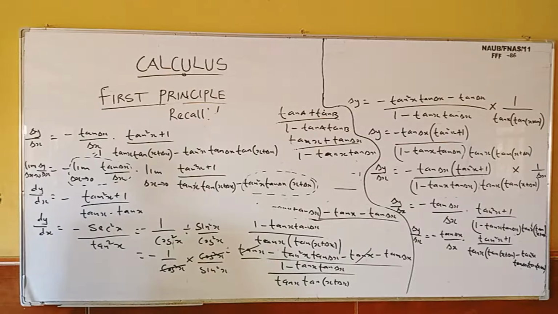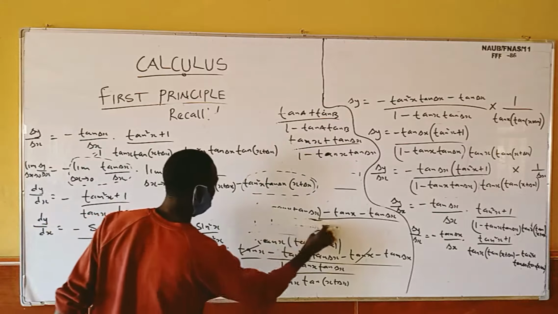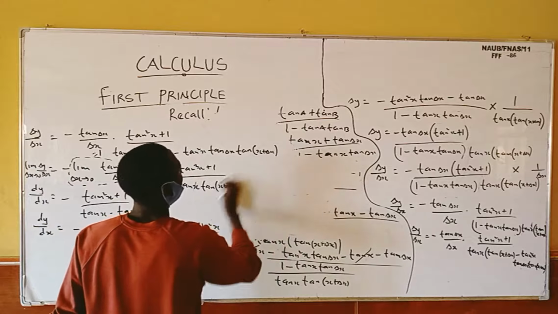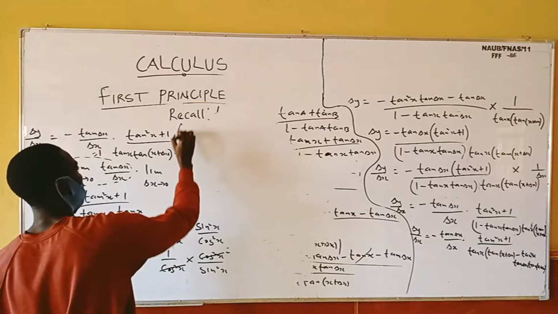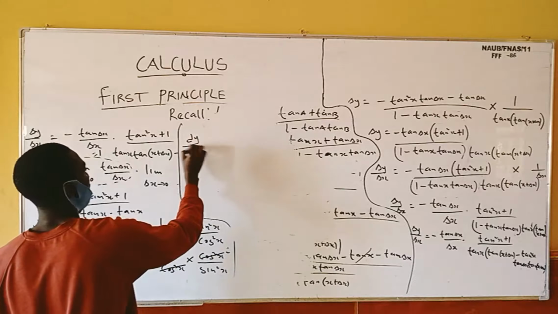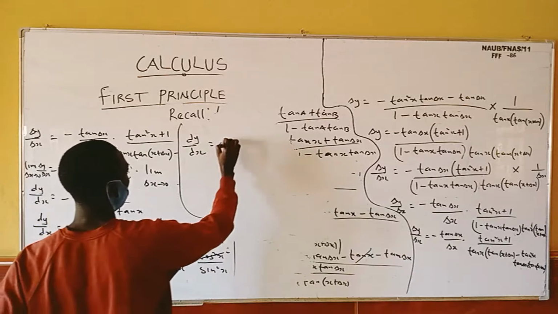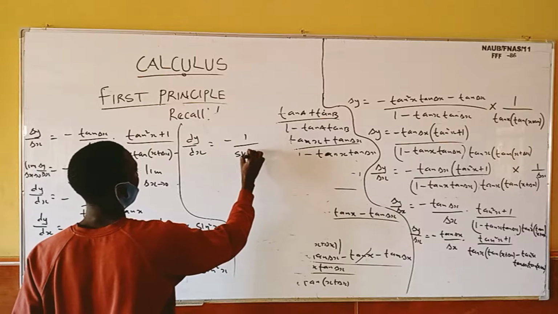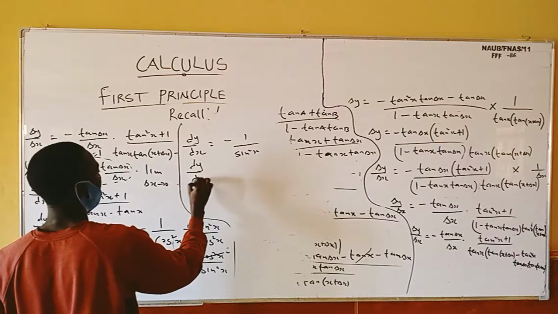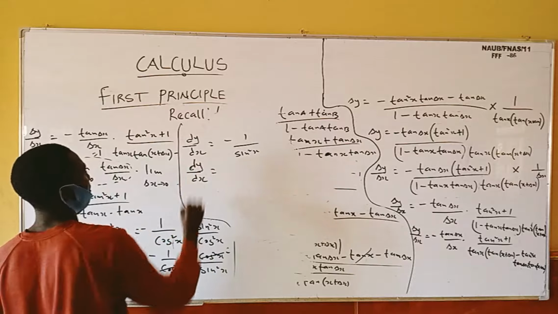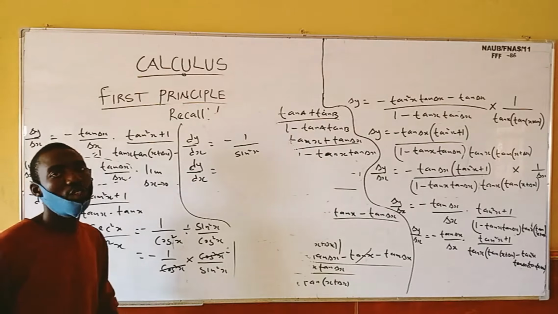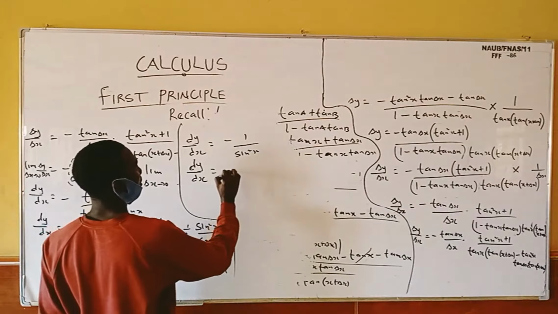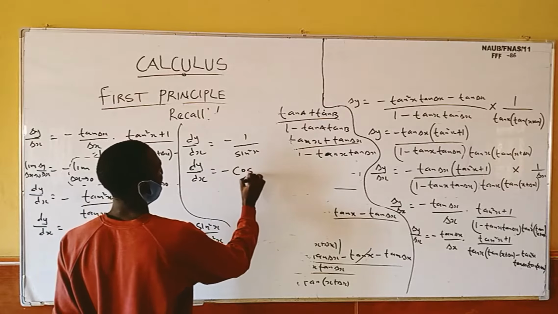We cancel this out, and we'll be left with dy over ds equal to minus 1 over sine square s. 1 over sine is nothing but cosec. So here it is minus cosec square s. So here ends the proof.